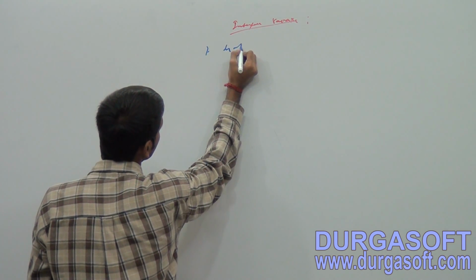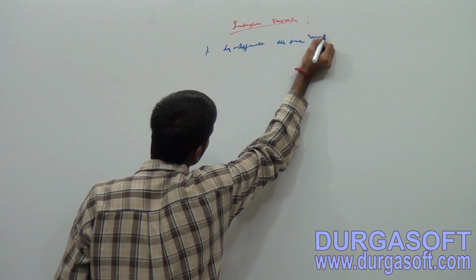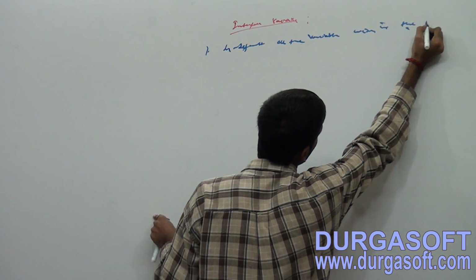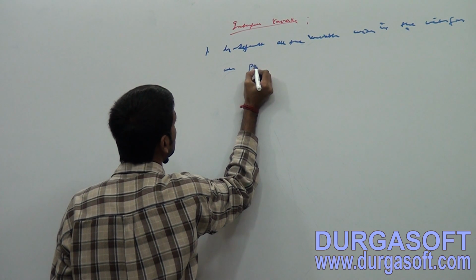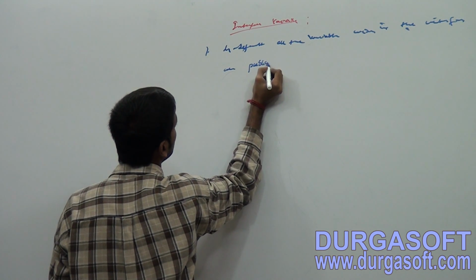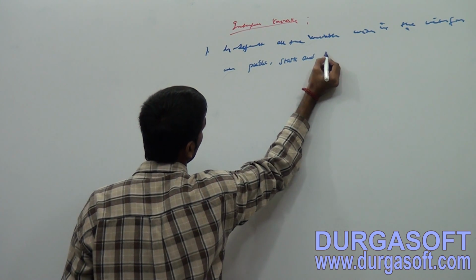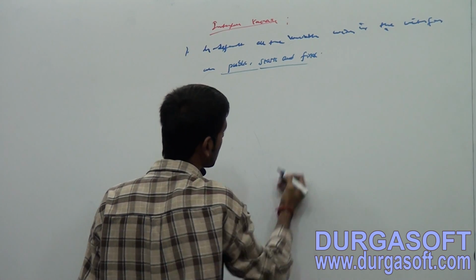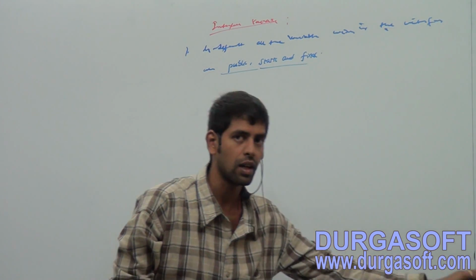So by default, all the variables within the interface are public, static and final. Observe this point, very important.